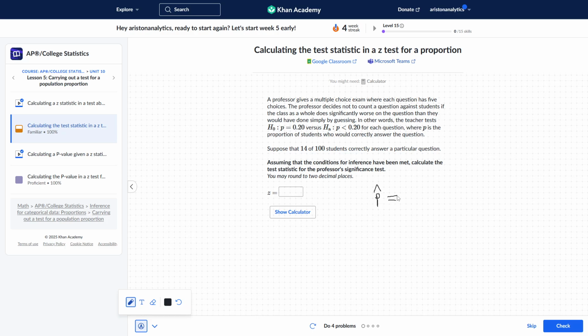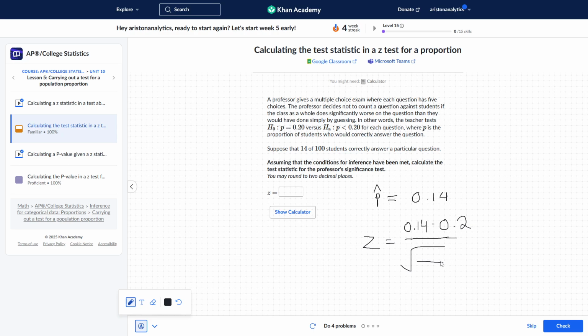P hat equals 0.14, and the test statistic was z equals some kind of fraction, some kind of square root. Then p hat goes first. I keep getting this wrong, but it's fine. 0.14, and the null hypothesis was 0.2, so minus 0.2.